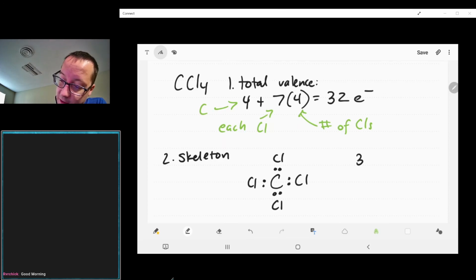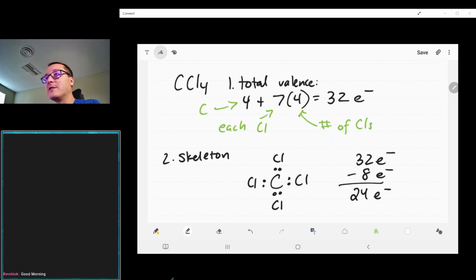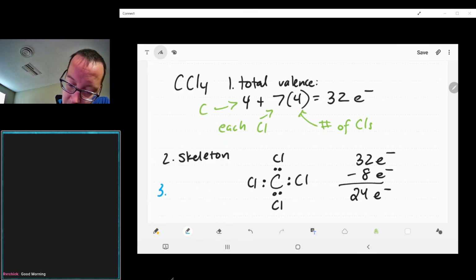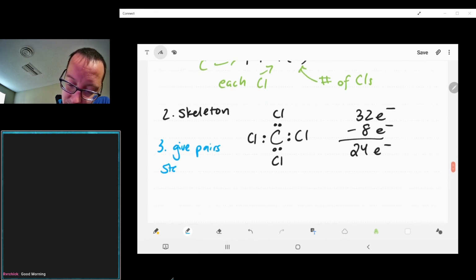So we had 32 electrons. We've used up 8 in our skeleton here. So we have 24 electrons left. What we want to do now, I'll do this step in light blue, I guess. We give pairs, starting with the outer atoms.